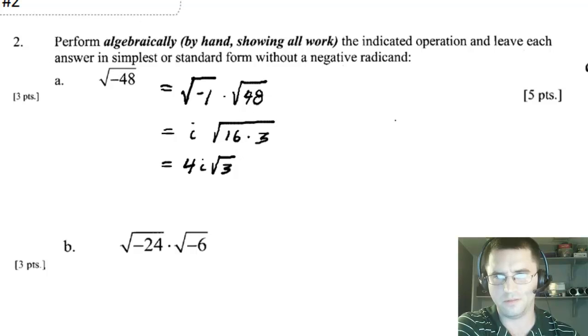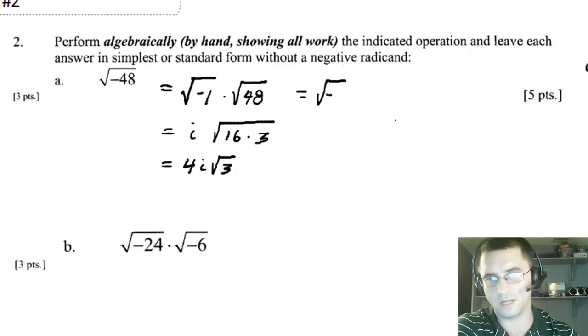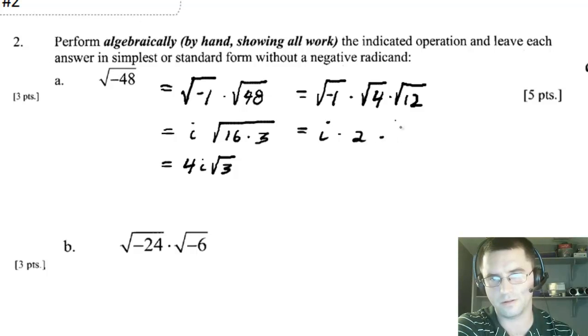What if you didn't see 48 was 16 times 3? Well, you could have done it like this. You could have said the square root of negative 1 times the square root of, maybe you said 4 times the square root of 12. And you said this is i, this is a 2, oh wait, I can go further, the square root of 4 times the square root of 3.